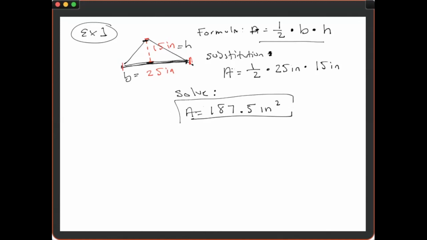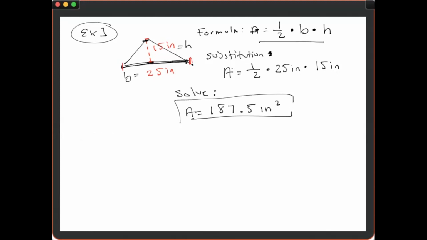Sometimes you do need to use the 1/2 to make life easier when you're dealing with fractions. So I'm going to do the decimal version for this example, and for the other example I'll do the fraction form, so you have an idea of how to do it both ways. So let's do the calculations. This is how I was able to solve it. I'm going to write it down here. So the calculations are, I go from left to right.